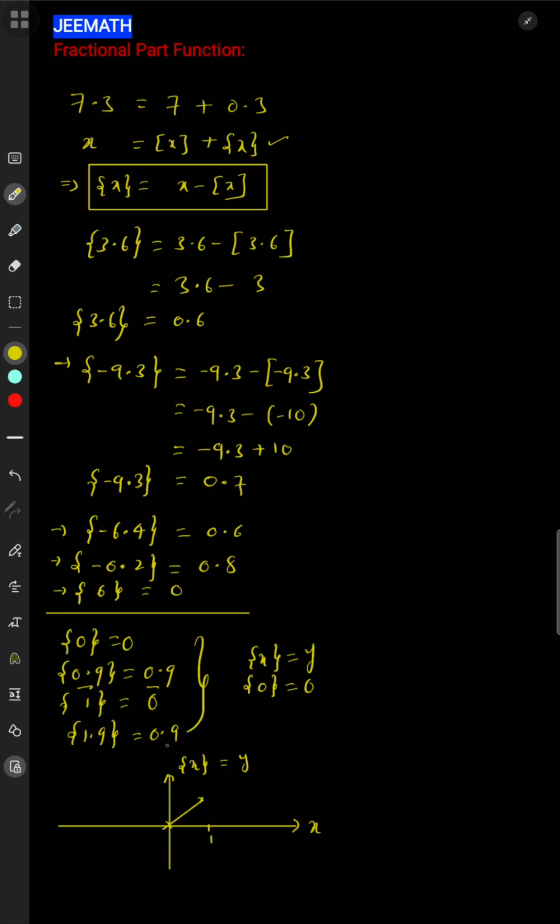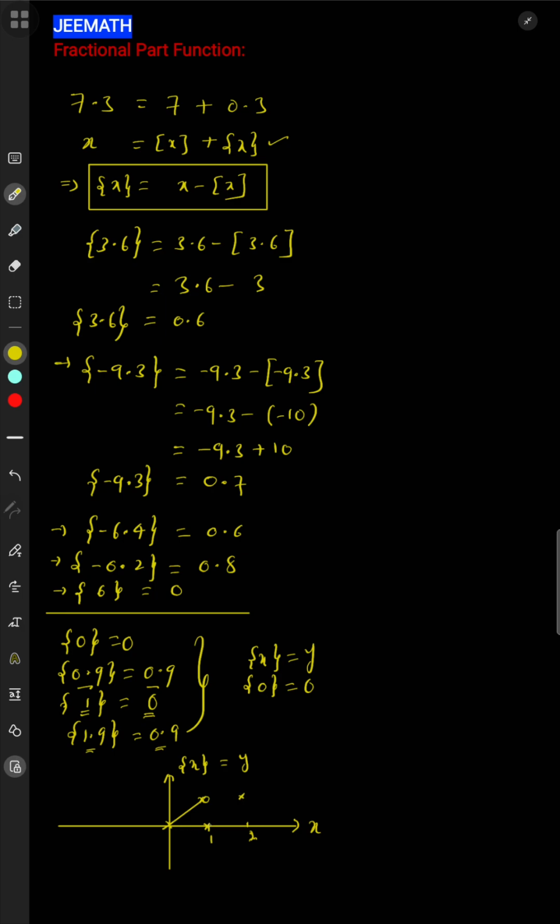What about exactly at 1? On substituting 1, getting what? 0. So (1, 0) is a point on the curve. The point (1, 0) is here, that is not there here. Right. Next, (1.9, 0.9). 1.9 is just before 2, and the point is (1.9, 0.9).